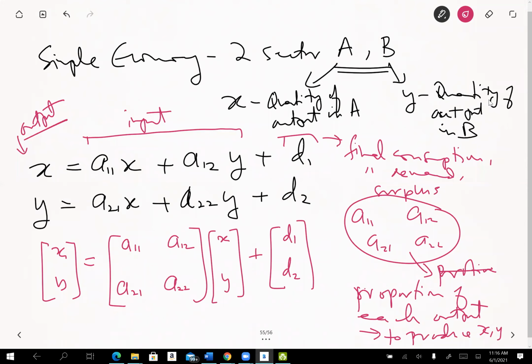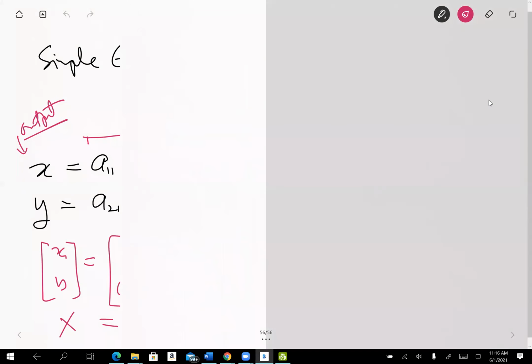So we call this matrix X equal to A multiplied by X plus D. That matrix A, in terms of the input-output matrix, we call it the technology matrix.